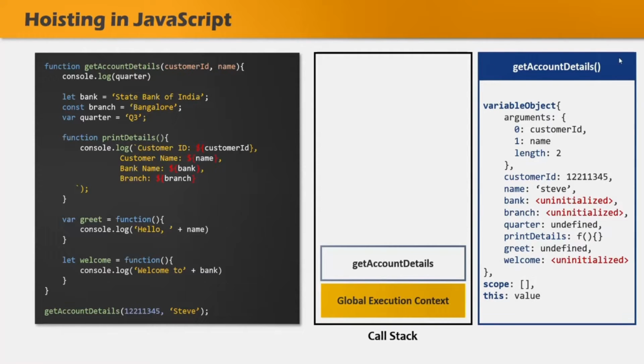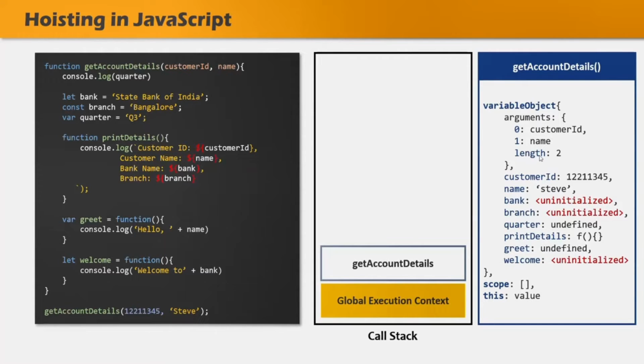Now we are not going to talk about scope and this here, but in the last lecture we learned that when this execution context gets created, during the creation phase, the JavaScript engine will scan over this getAccountDetails function. And it finds that this function is taking two parameters. So first of all, inside the variable object, a property called arguments gets created, and this property stores all the parameters which this function is taking, in this case, customer ID and name.